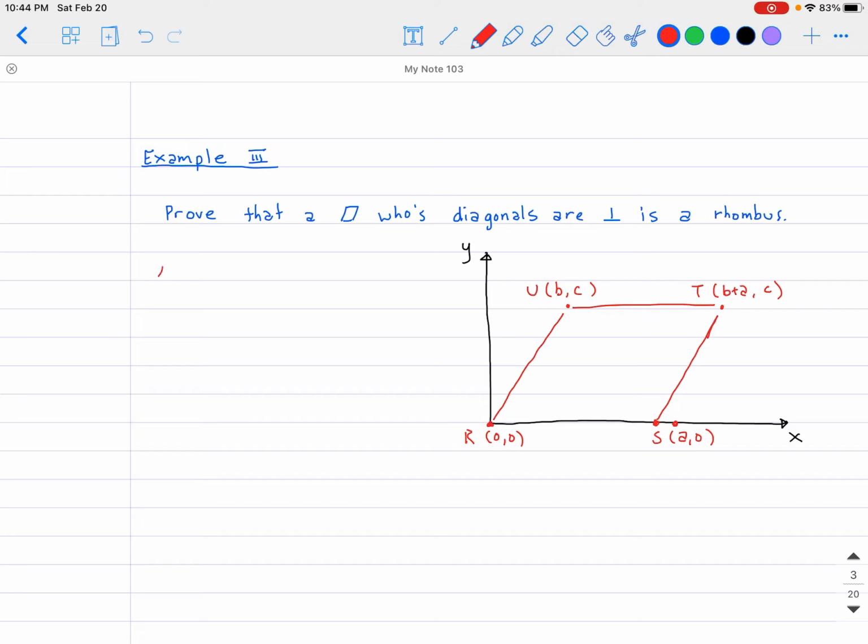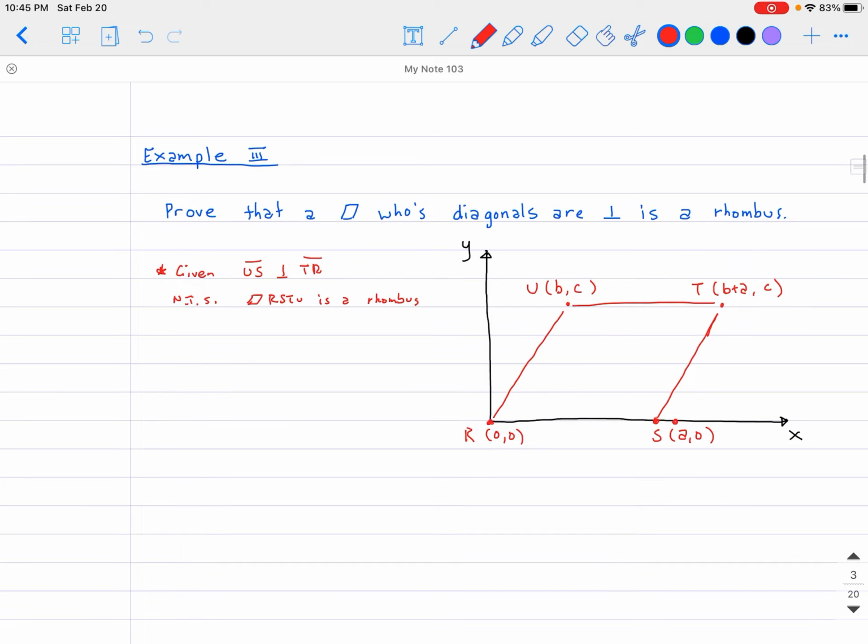That's part of the given. So given that US is perpendicular to TR, I need to show that RSTU is a rhombus. And by definition, a rhombus means that all of the sides are congruent to each other. All right, so let's see how we can pull this off.